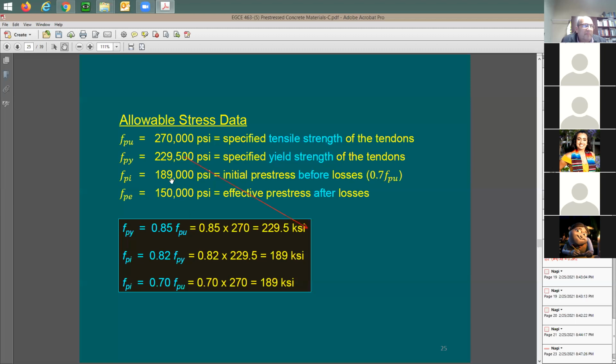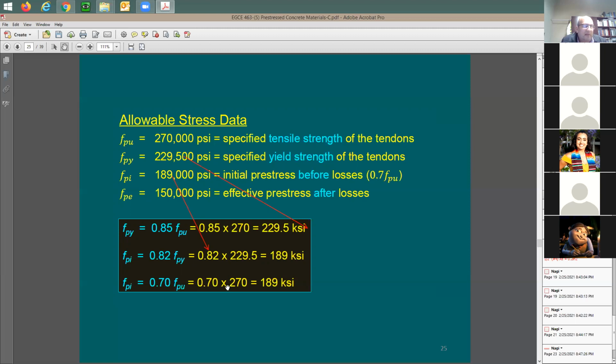I know for sure that I'm going to be using this 189. So what does it mean by 189? It means 82% of the yield point. You see this? 82% of the yield point is going to get you 189. So actually, we're applying a stress of 82% of the yield point, which is 70%.